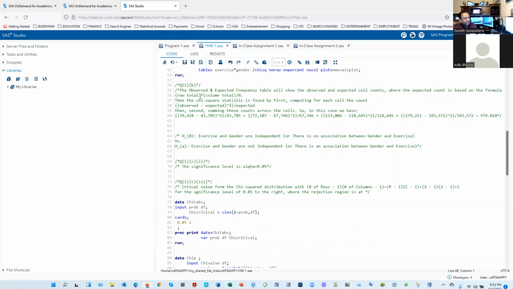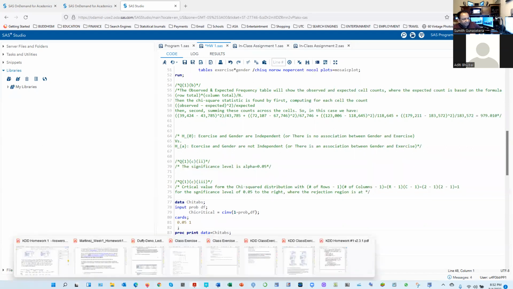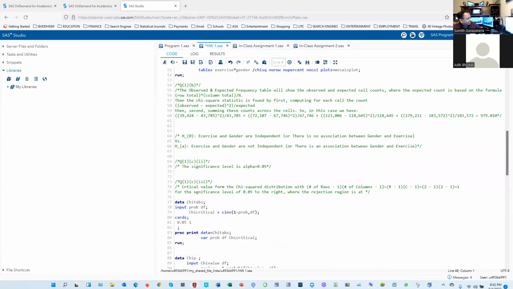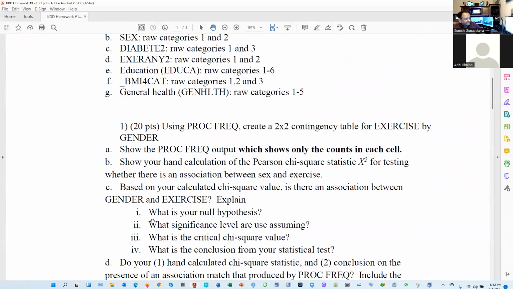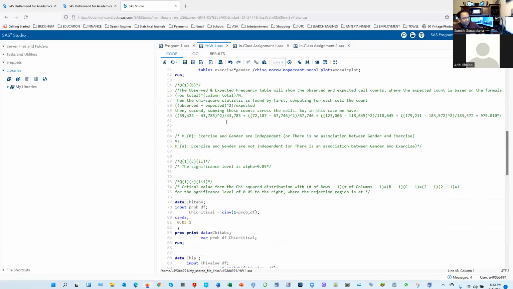Part B: see the observed and expected frequency. Part B. Part B shows only the counts in each cell. I'm sorry, it's in part A. In part A, you have to show only the same thing that I have put over here.